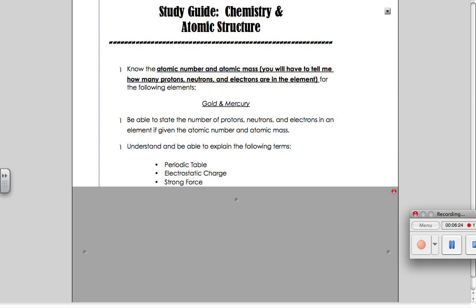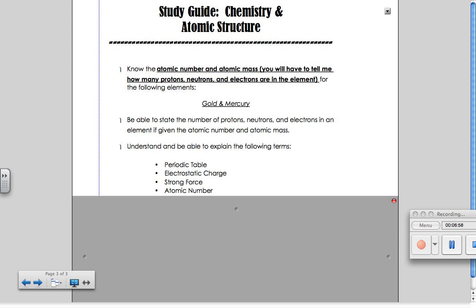And this is because of the strong force. You have two of the same charges that typically will pull themselves apart because they're the same. Remember, same charges repel. But because of the neutral neutrons, they actually create the strong force which holds the nucleus together and keeps it from pushing itself apart.